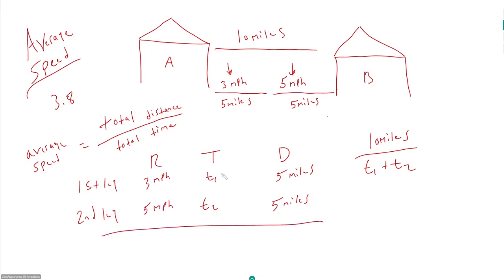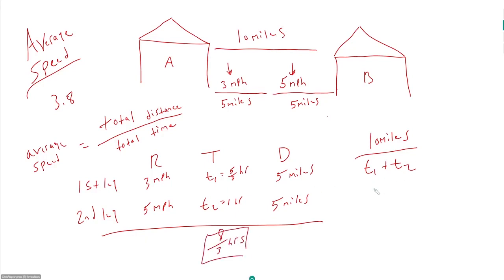Therefore, his T1 is 5 over 3. And his time for the second leg of his trip is just 1. The unit here is hours. So 5/3 of an hour plus 1 hour. So this would be 5/3 plus 3 over 3. So that is 8 over 3 hours is his total time.